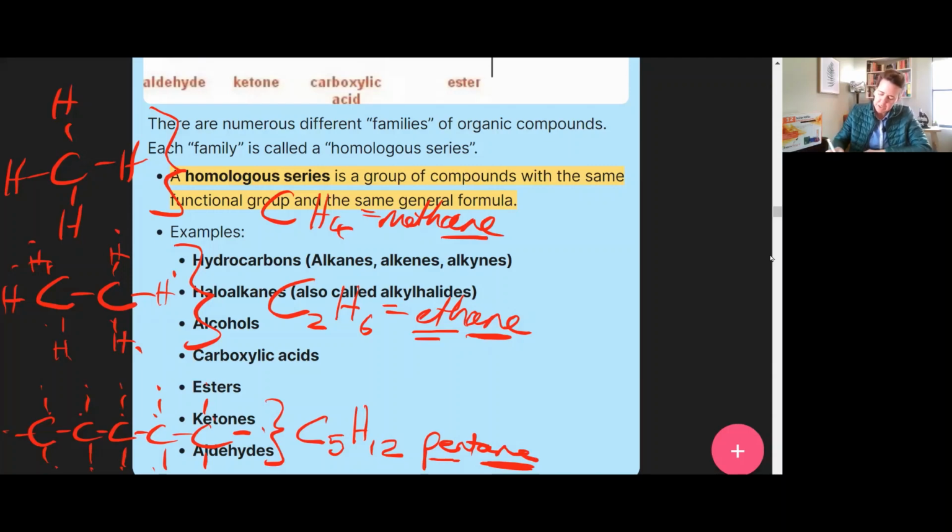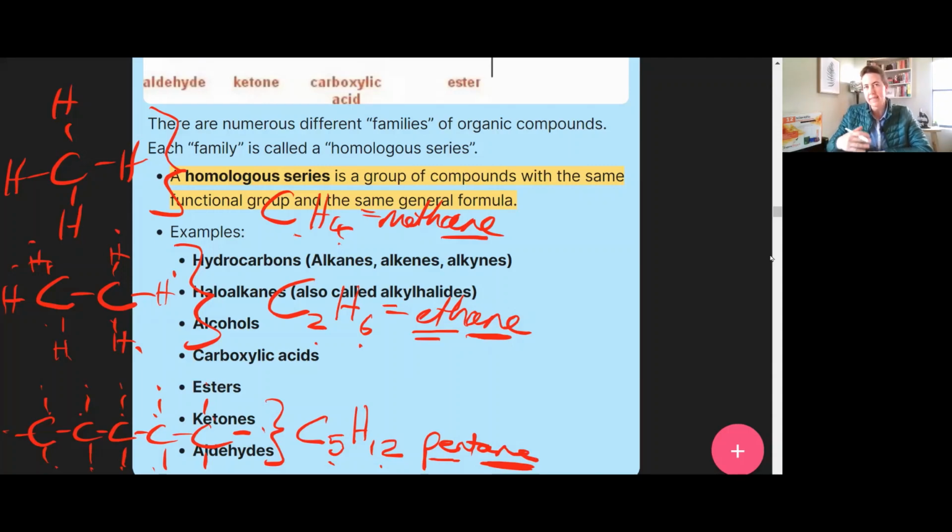Now, if we just look at the pattern that these subscripts in each of these molecular formulas follow, we can spot a pattern, right? So we can say, okay, if there's 1 carbon, there are 4 hydrogens. What can we do with a 1 to get to 4?